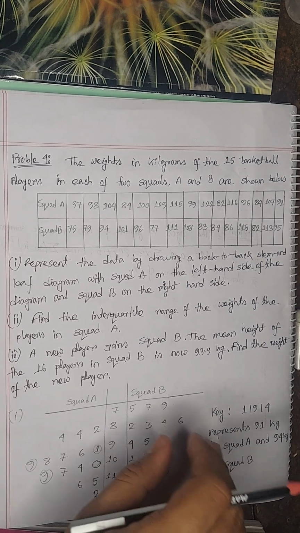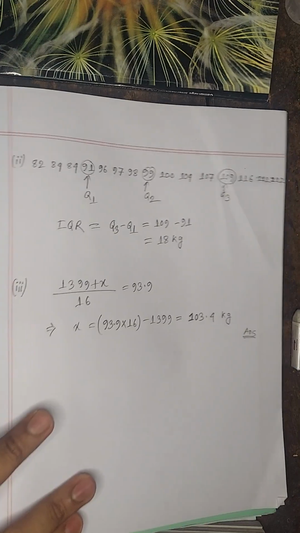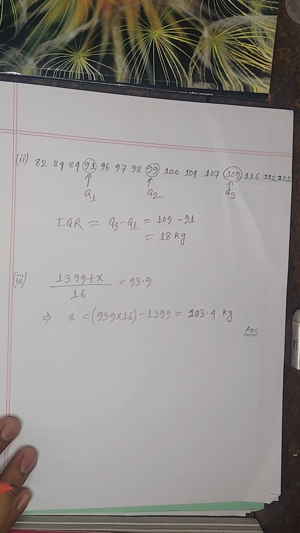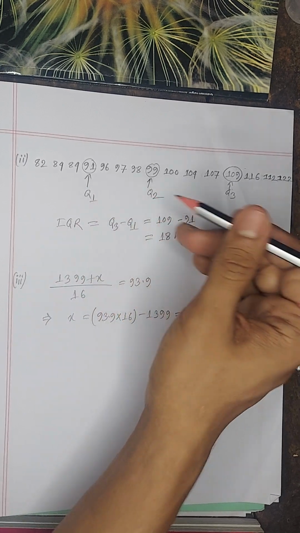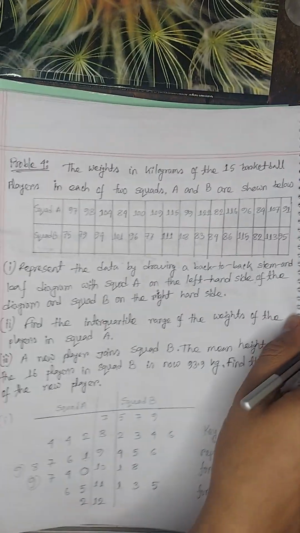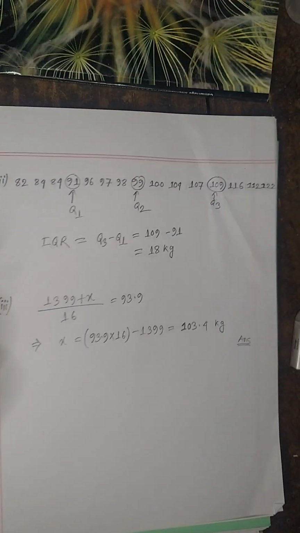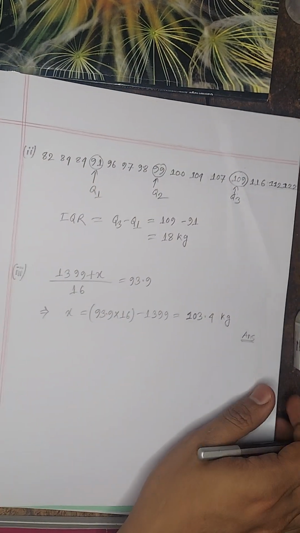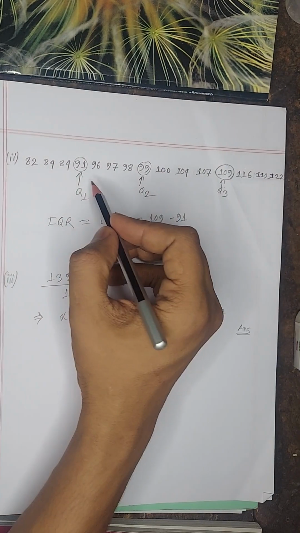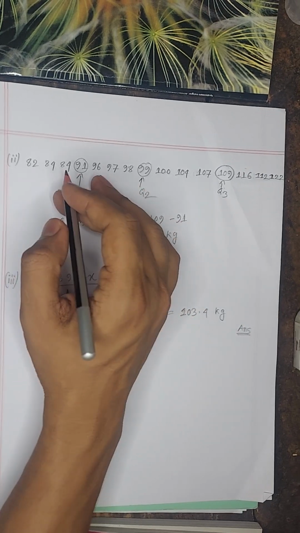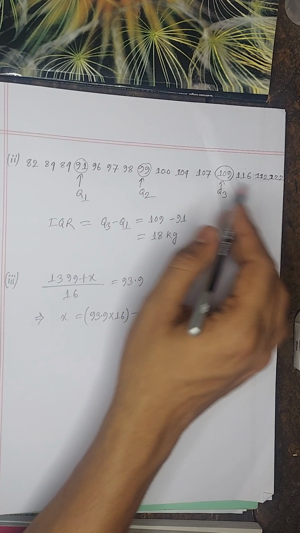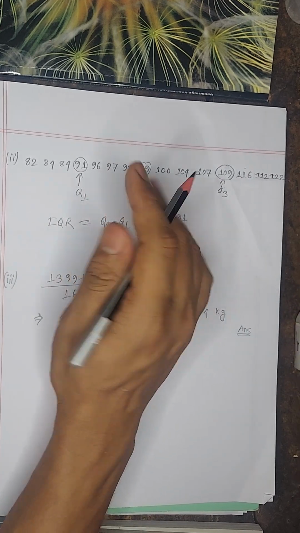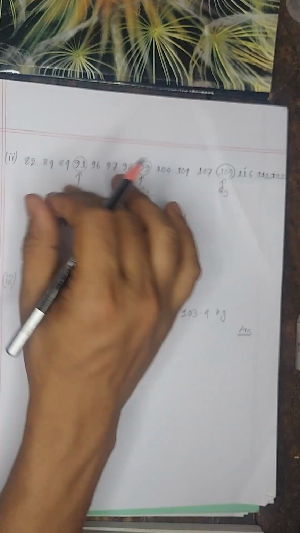I hope you understand. Okay, and for step 2, we have to find the interquartile range for squad A, right? So first we have to rearrange the data of squad A from smaller to greater values. Then we have to divide it into quartiles: first quartile, second quartile.